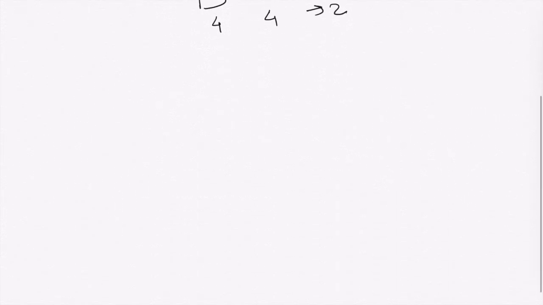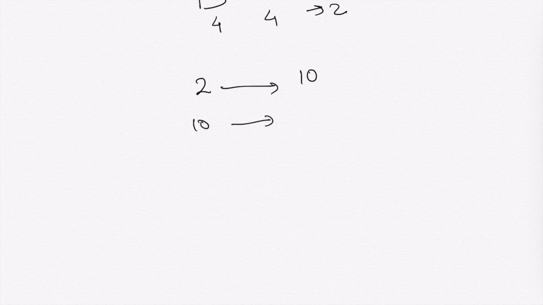Let us take another example, wherein the original question says that you have to go from 2 to 10. Instead, we will go from 10 to 2. At the first step we divide by 2, so this becomes 5, and this is still 2. Because this is odd and we cannot divide by 2, we increase it by 1, so we make it 6.